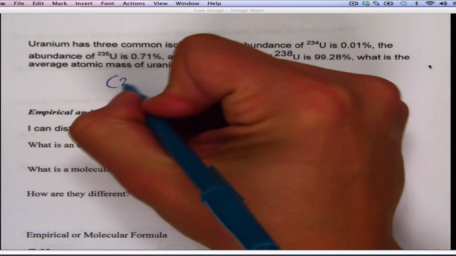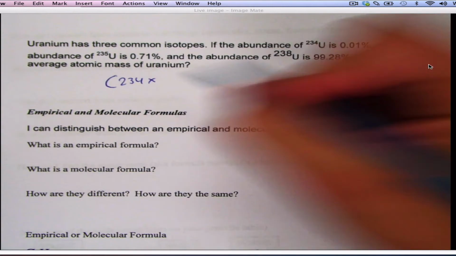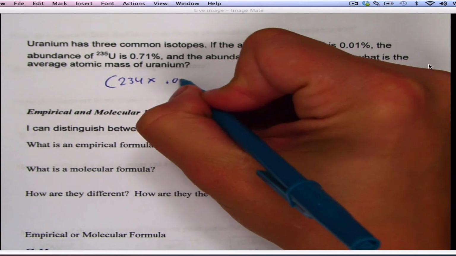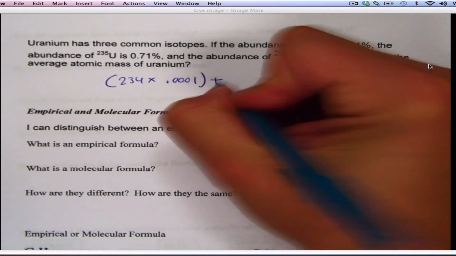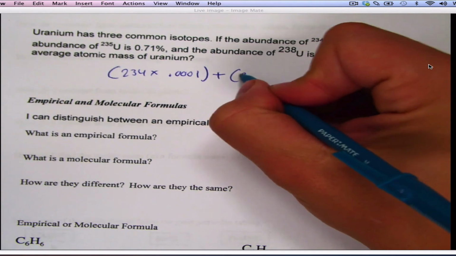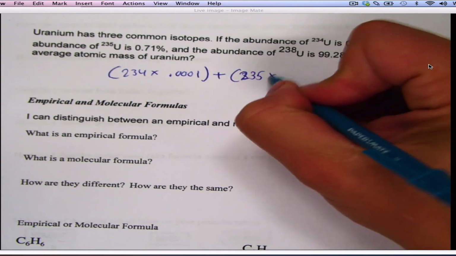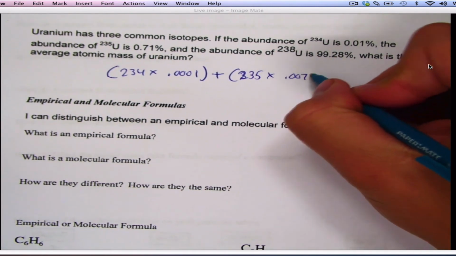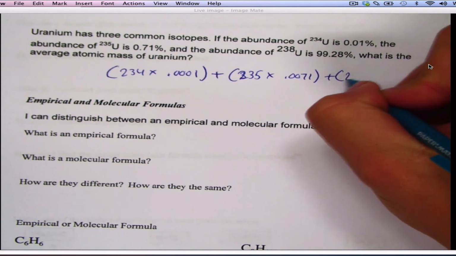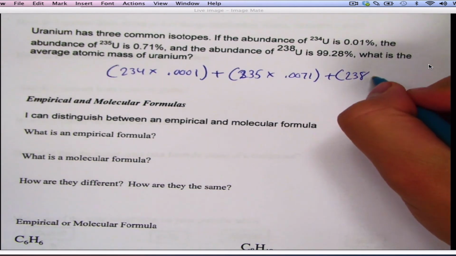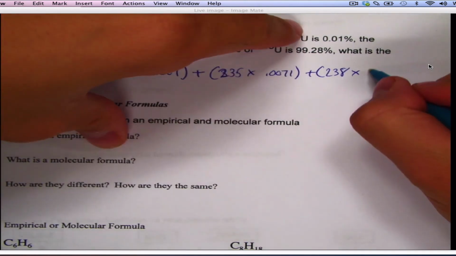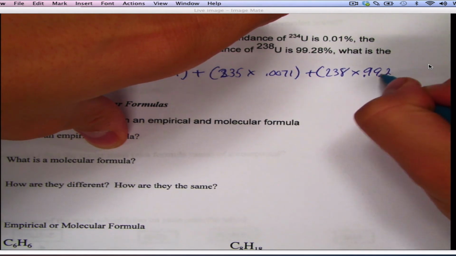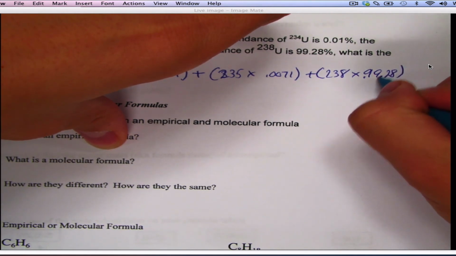Well, we have 234 times the percent, which is 0.01%, so add 2 zeros, 0.0001, plus 235 times 0.71, so add 2 zeros to that, 0.0071, plus 238, and we have to times that by the percent it was worth, which is 99.28, oops, there would just be 0.9928. Don't get confused by that, sorry about that.